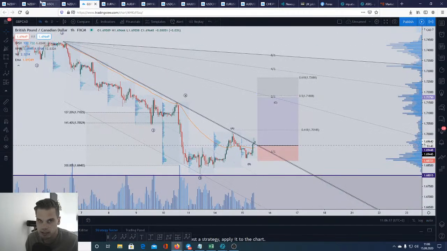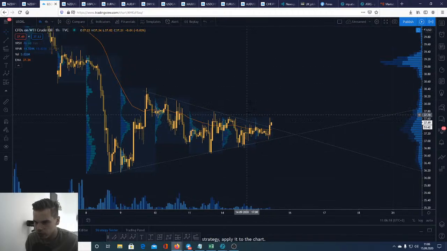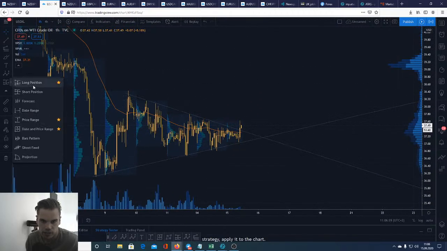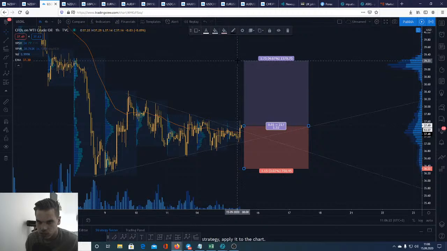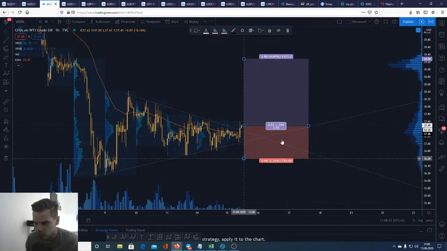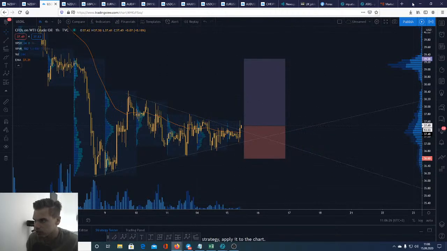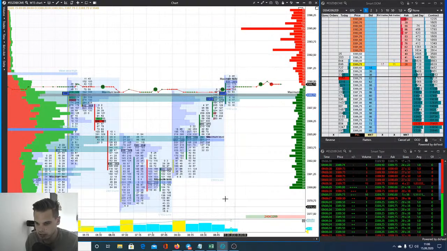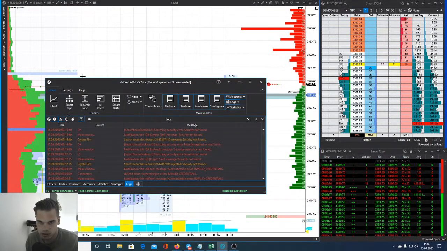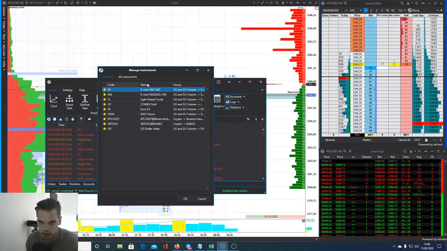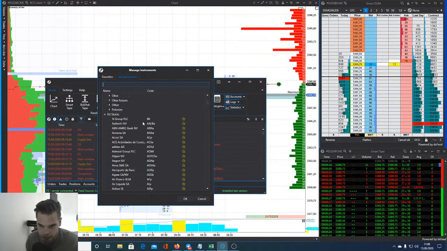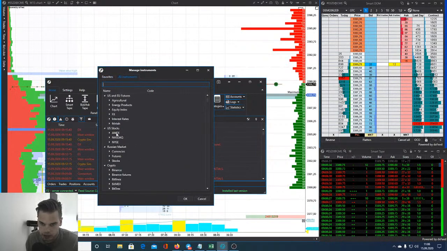GBP CAD, not a big fan of it. If oil breaks out of here, I mean, we could actually trade that one if you guys want. It's risky because oil is always very choppy, and we can also have a look at the oil futures if you want. Because then we can look here. Instruments still got oil.